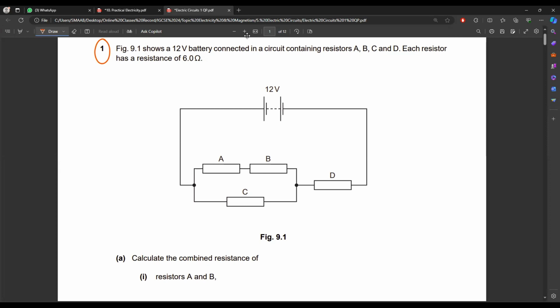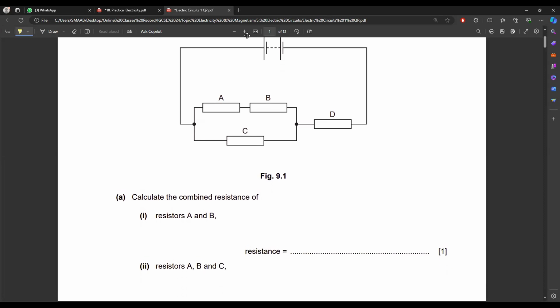In this question, a 12-volt battery is connected in the circuit containing resistors A, B, C, and D. So there are four resistors and each resistor is of 6 ohms. So first of all, you have to calculate the combined resistance.